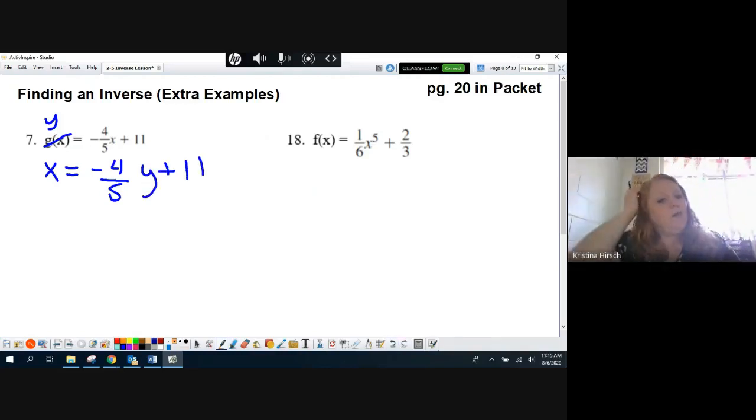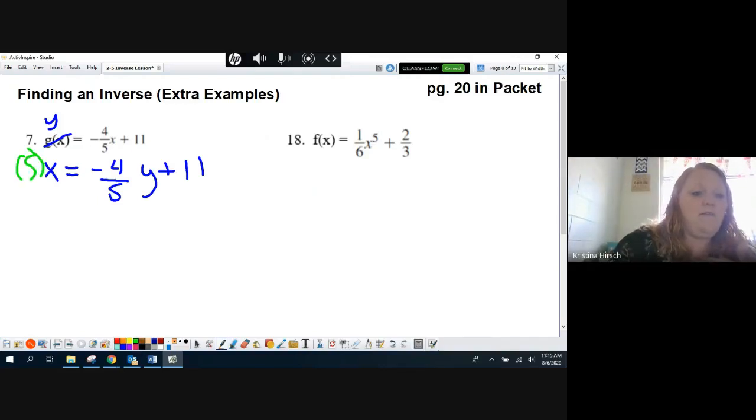All right, so I have my x and my y switched, but I do have a 5 in the denominator. For me, it's easier to go ahead and take care of that from the beginning. So I'm going to multiply every term by 5. That will cancel this 5 and this 5.